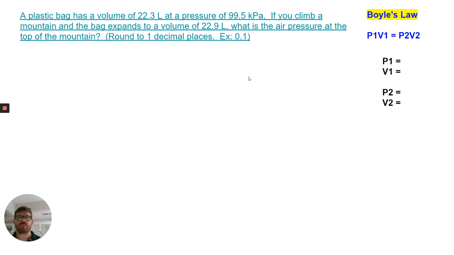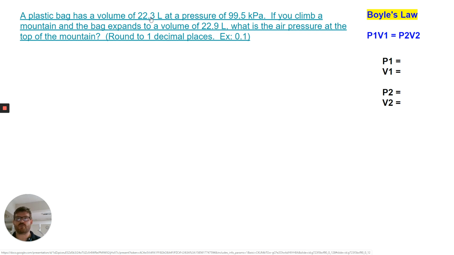I'm not going to read it again, but in looking at the information here, I've got volume, pressure, and volume. So I'm looking at the relationship between pressure and volume. Two volumes is a clue that it's going to be one of these: Boyle's, Charles's, Gay-Lussac's, or the combined gas law, when you've got two different numbers for the same unit.